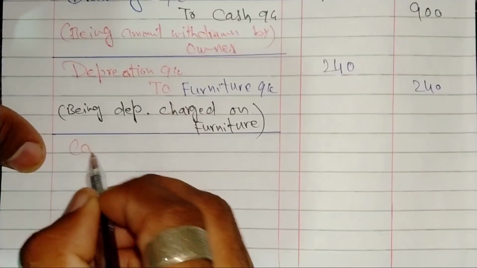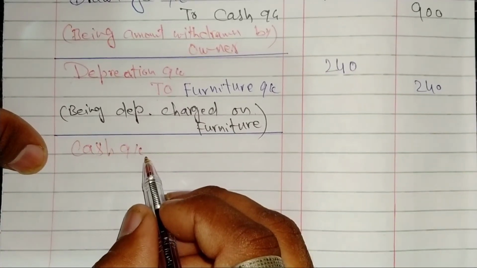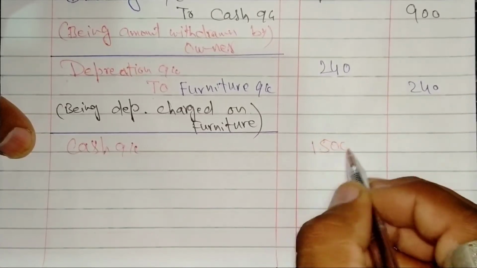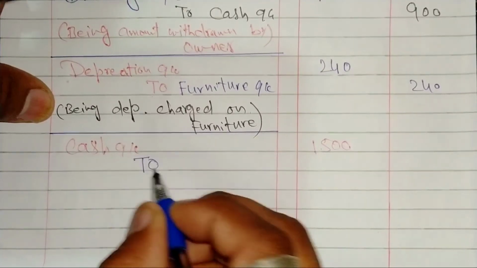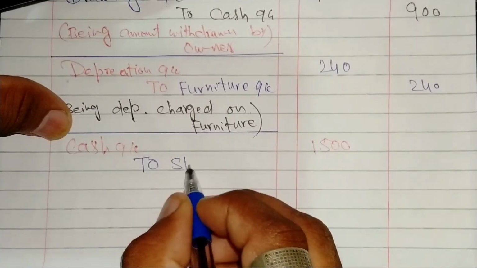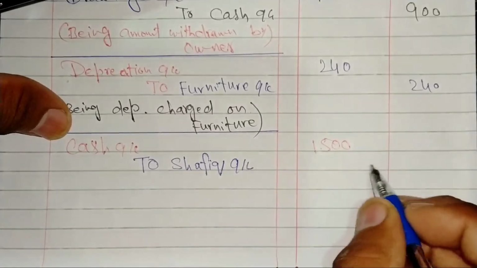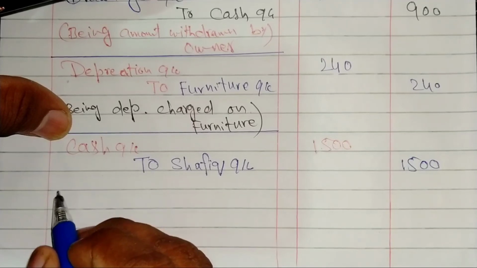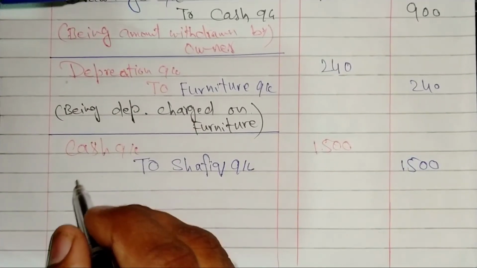Cash account debit because cash is received, amounted $1,500 to Shafiq account credit amounted $1,500 with description being amount borrowed from Shafiq.